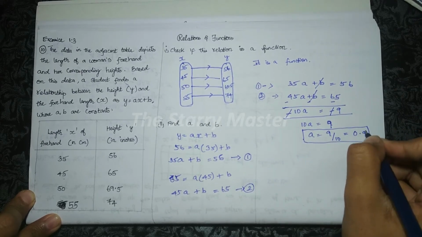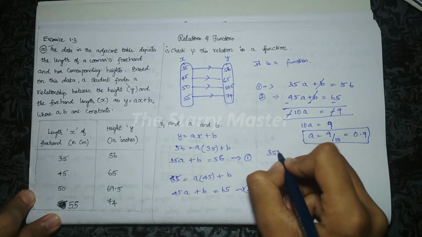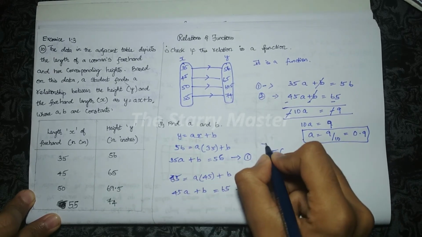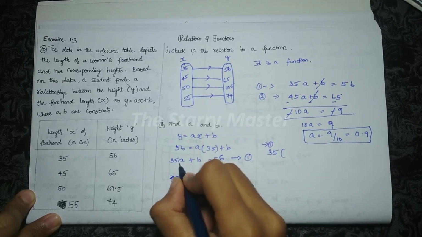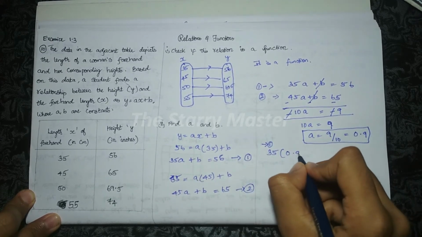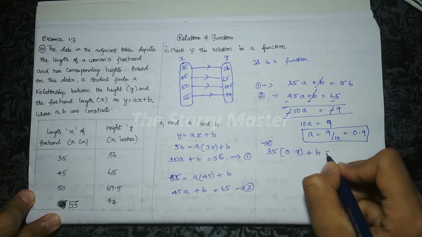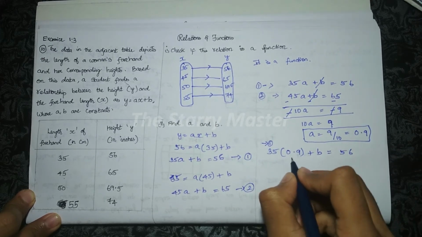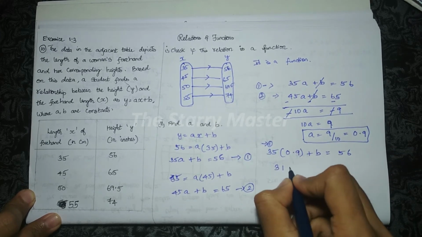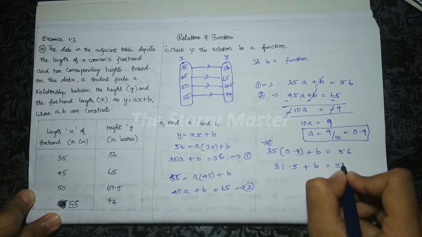So we will substitute this 0.9 in equation 1. In place of a we replace 0.9: 35 times 0.9 plus b equal to 56. The multiplication is 31.5, so 31.5 plus b equal to 56.